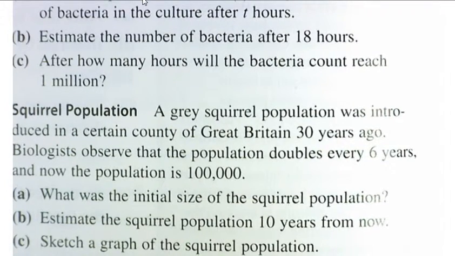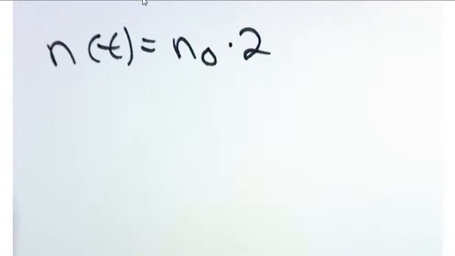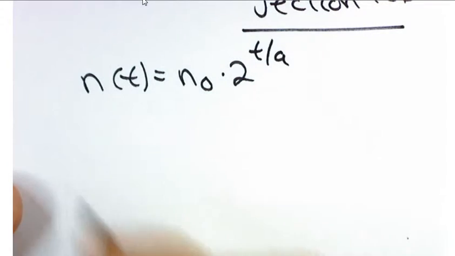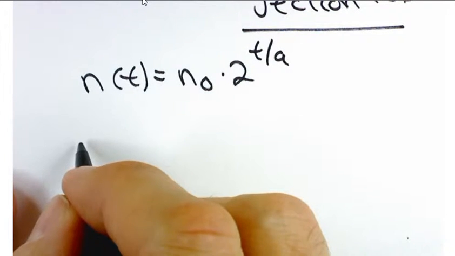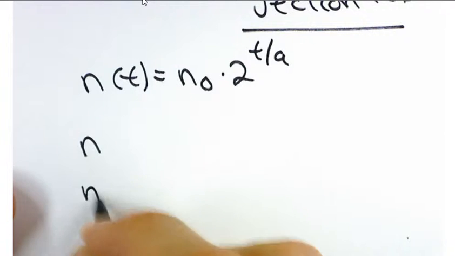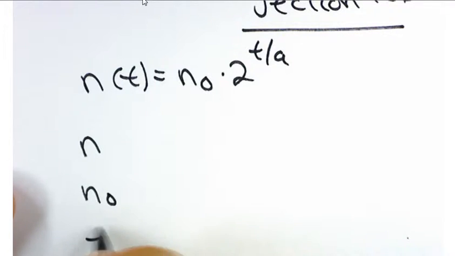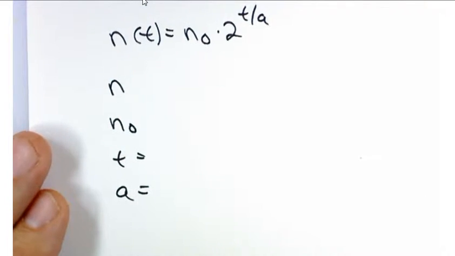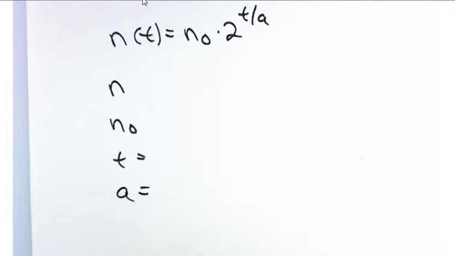Well, all right. There's a couple things to work with. Let's first of all write down the general model. N of t equals N sub 0 times 2 to the t over a. And let's think about what things we know and what things we don't know. So N sub 0, t, and a. How long does it take the population to double?